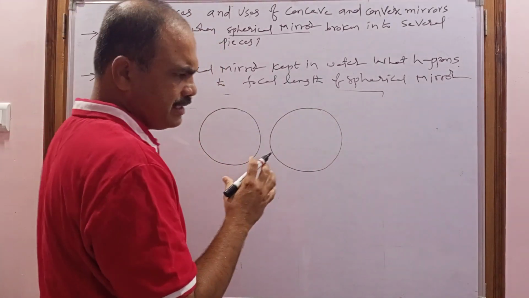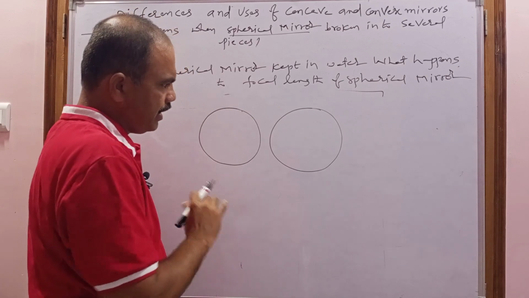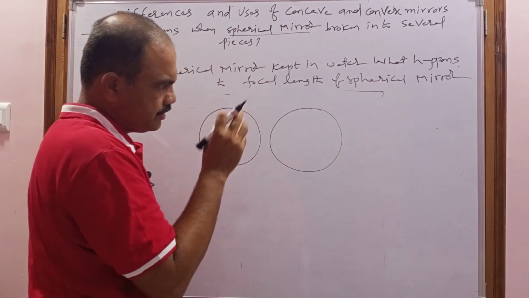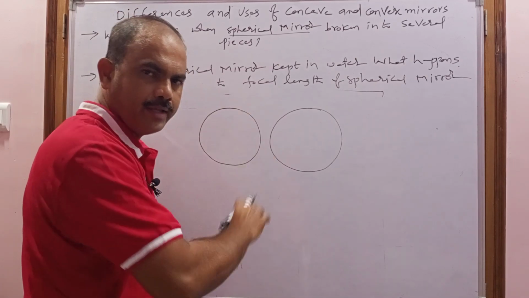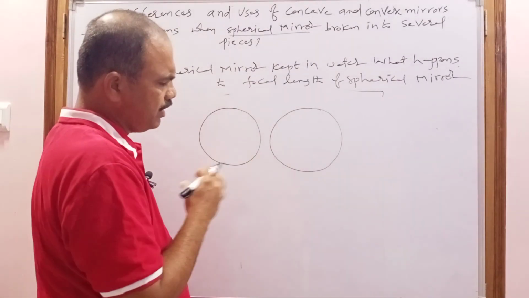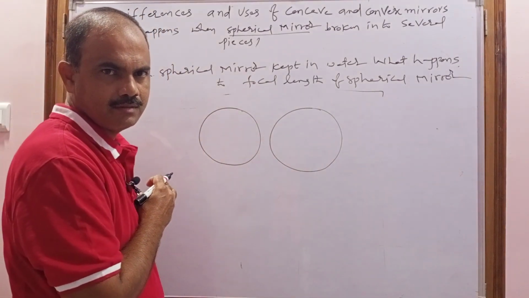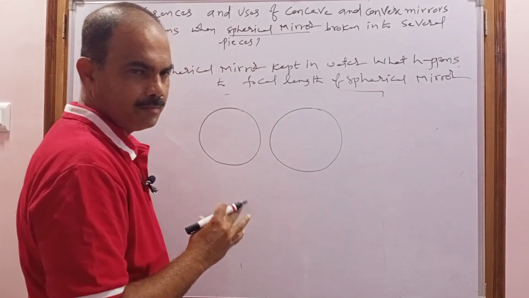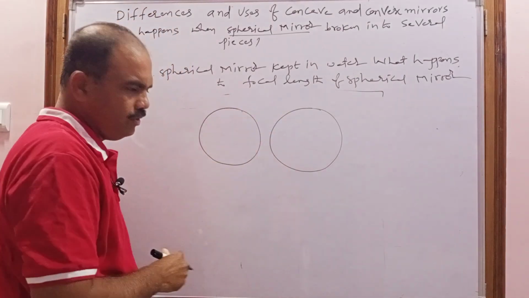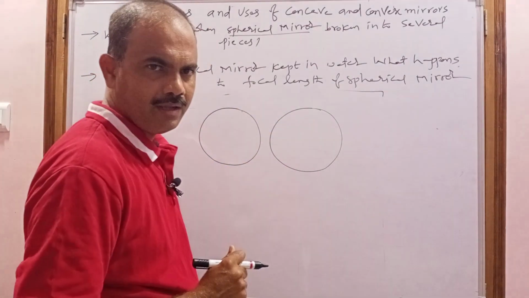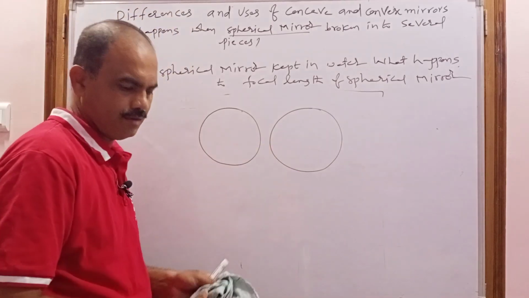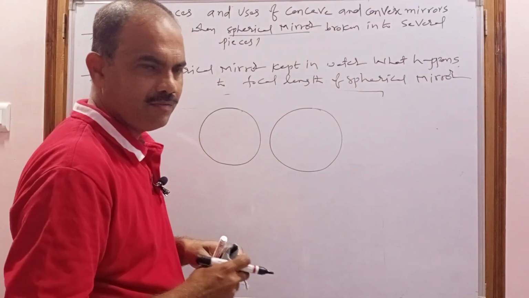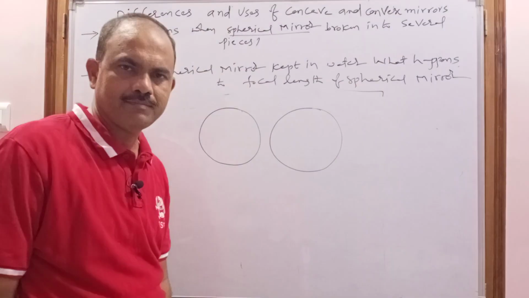They look the same. They have the same shape, same size, same radius of curvature, and they look similar. But in these two, one mirror is the concave mirror and the other one is the convex mirror. How can you identify them without touching them?